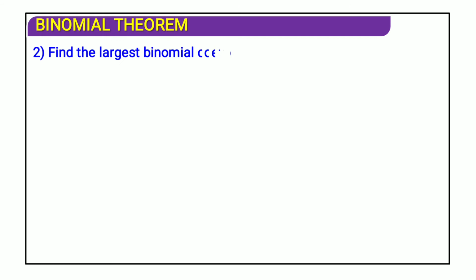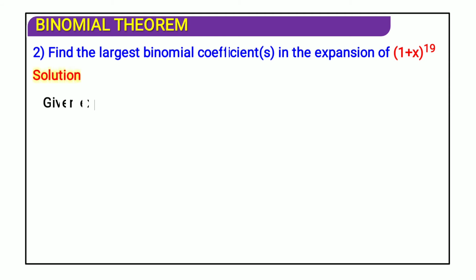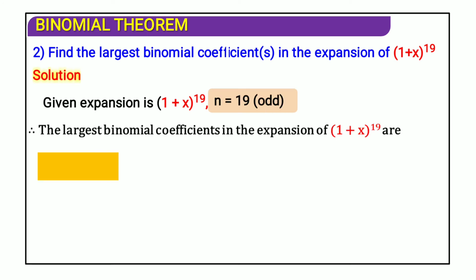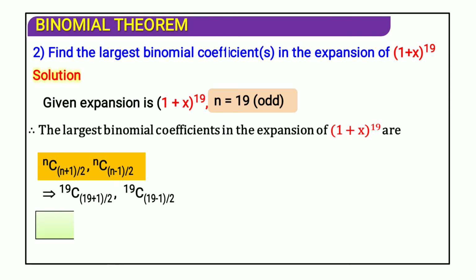Next question. Find the largest binomial coefficient in the expansion (1 + x)^19. How will we calculate it? For odd n, we know the largest binomial coefficients are nC((n+1)/2) or nC((n-1)/2). You can easily calculate these two.